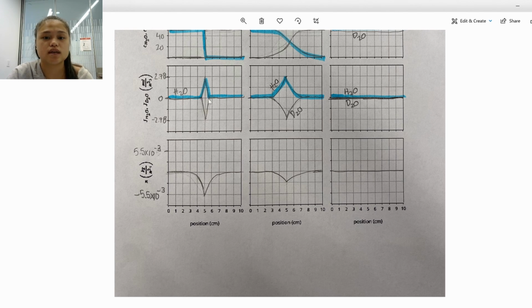They're the same because if you sum the molar diffusive fluxes for both species, it should equal 0. The molar diffusive flux for H2O and deuterium oxide should be equal but opposite. Same concept over here, the slope is not as steep because of that concentration gradient.